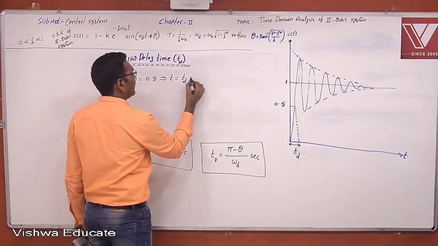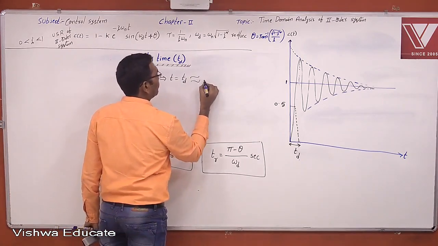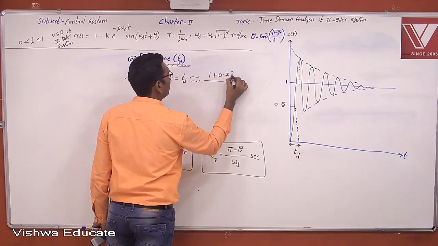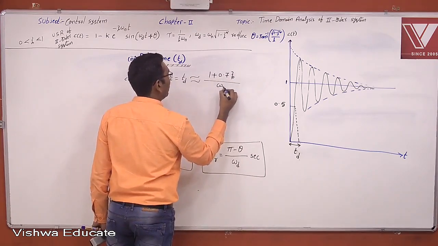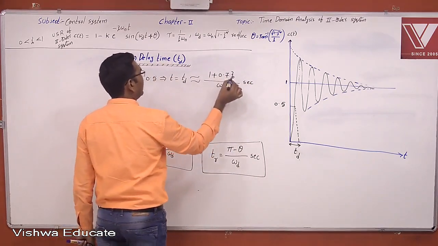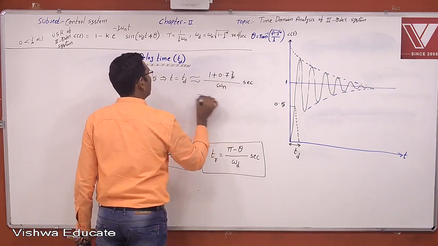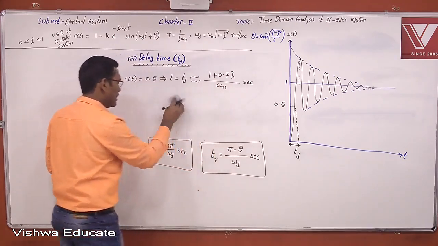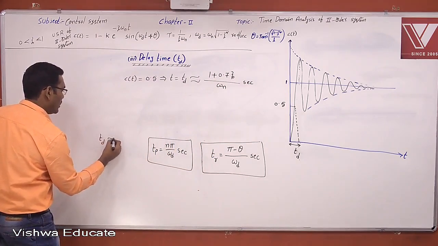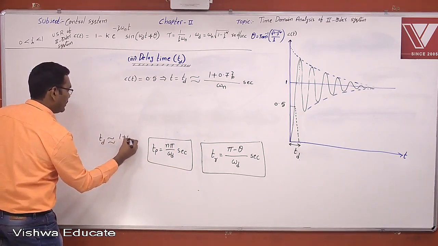This delay time is approximately (1 plus 0.7 zeta) by omega n. This is the delay time. So these are the actual time domain specifications: rise time, delay time and peak time.